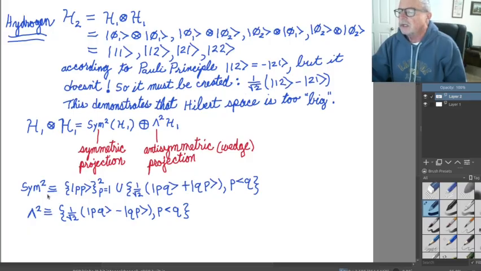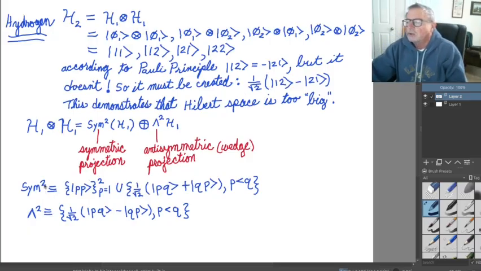The symmetric projections for 2 electrons is this value, which is pp, where the p equals 1, 2. So that includes 1, 1, 2, 2, just like up here, 1, 1, 2, 2.